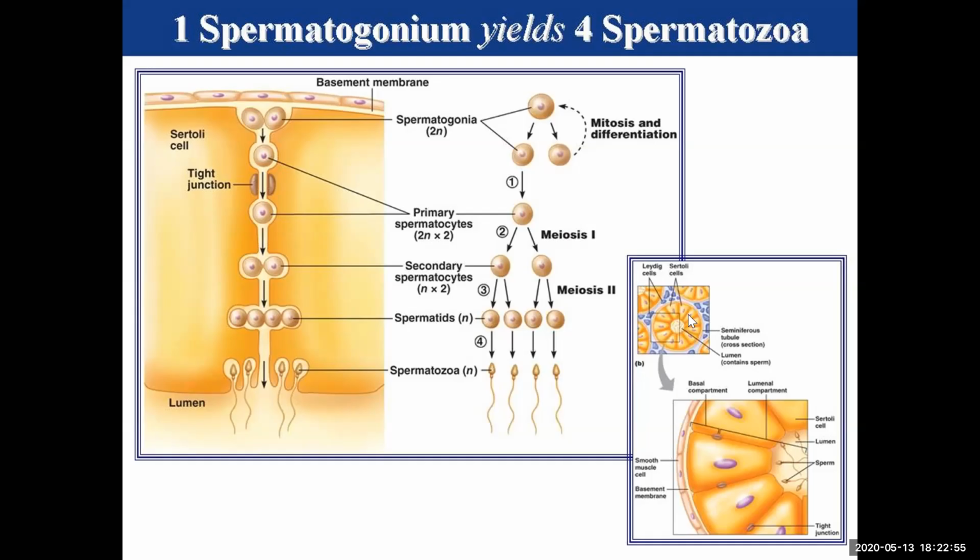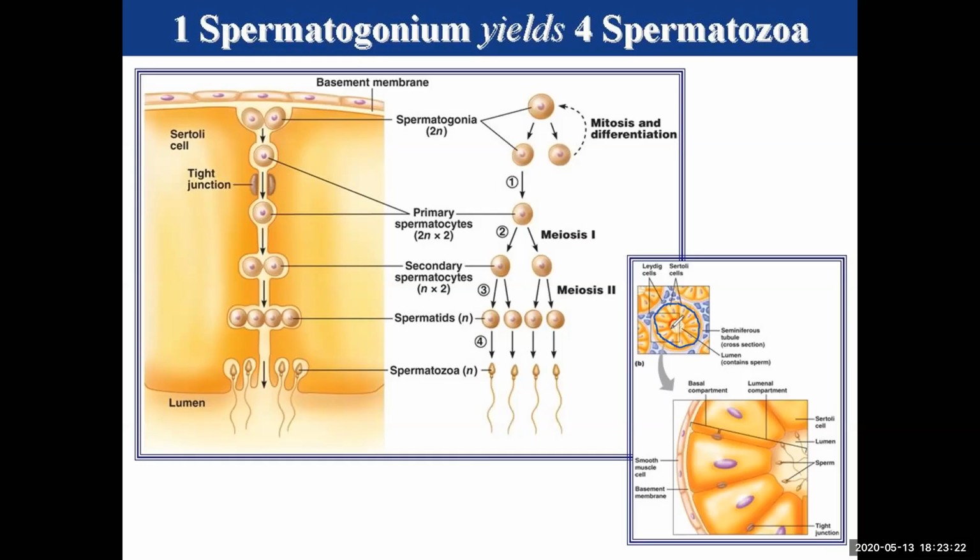So this is an example here. This is one cross section of a seminiferous tubule. It's coming out of the slide at you, and you cut it across and you see the inside, and the sperm are released into the luminal space here.